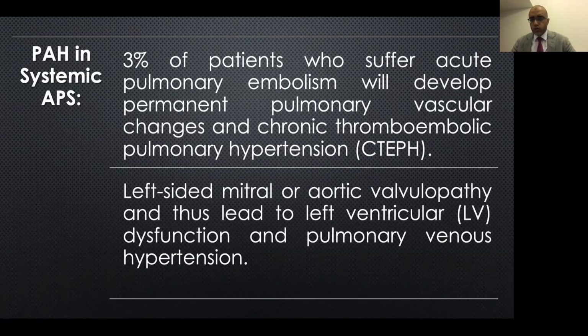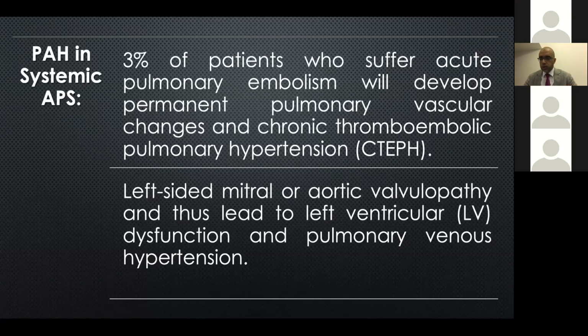One of them, the most common, is through vascular occlusion, which is the hallmark of APS, as 3% of patients who suffer from acute pulmonary embolism will develop permanent pulmonary vascular changes and chronic thromboembolic pulmonary hypertension. Another postulated mechanism, less common than the first one, is through left-sided mitral and aortic valvulopathy, leading to left ventricular dysfunction and pulmonary venous hypertension.